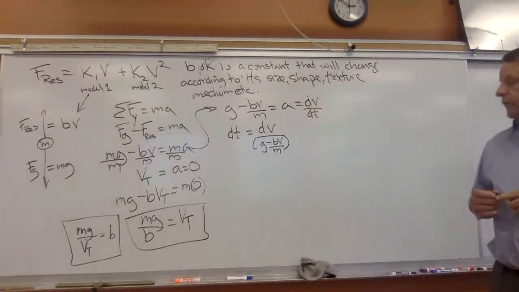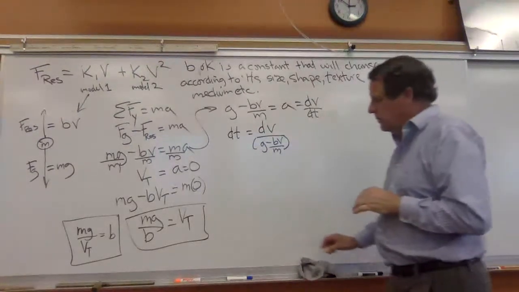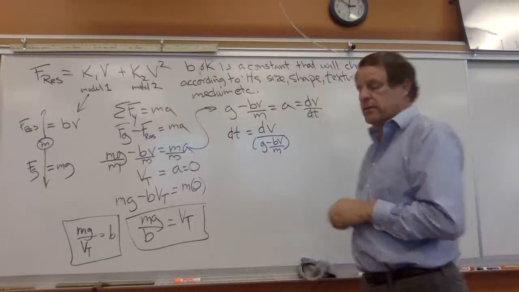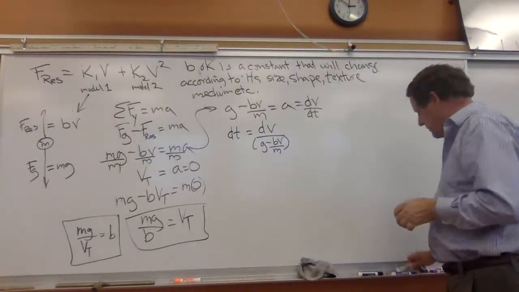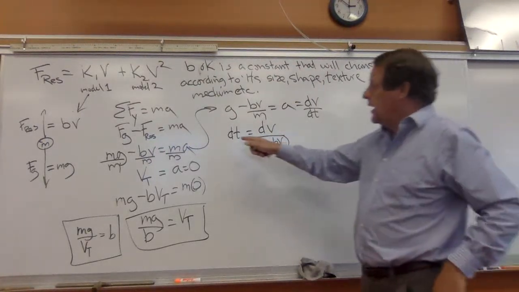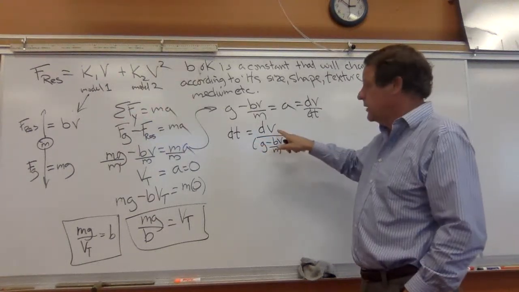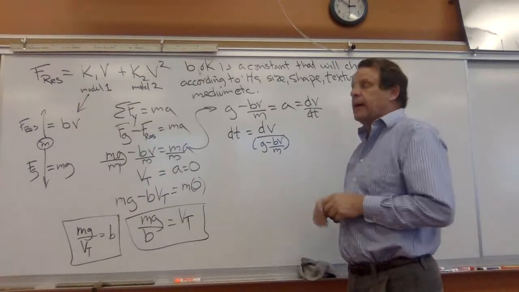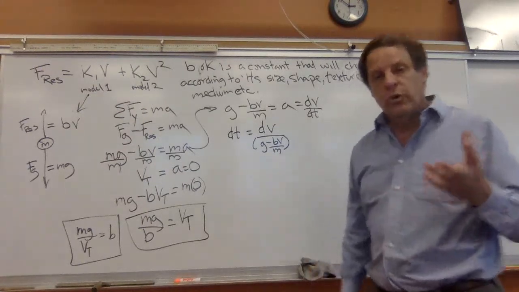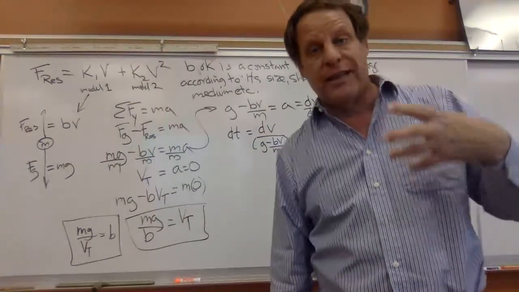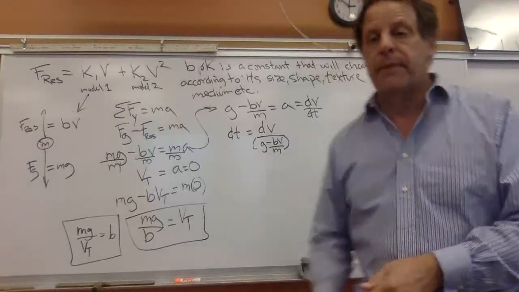So hopefully I did that right. Now, in the same way, I want to know what t is with respect to velocity. So we want to develop an equation that's going to have velocity with respect to time.